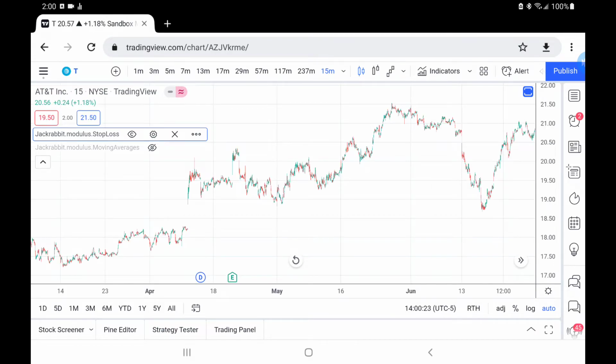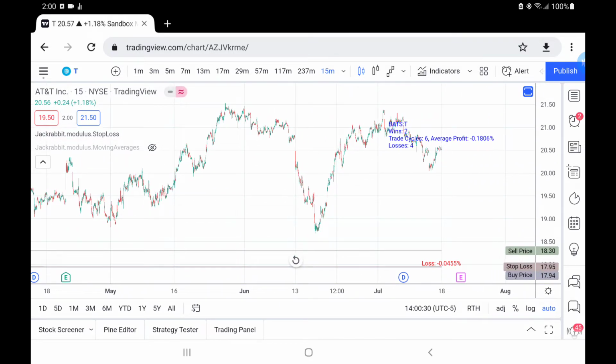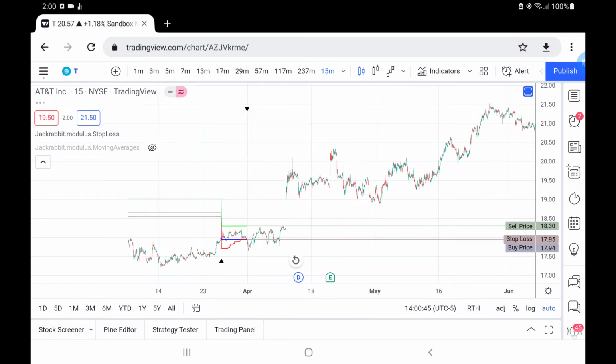Will it work? Well, it's making a loss. It's lost 0.18%. Can it be tuned? Yes. Let's see if we can tune it.